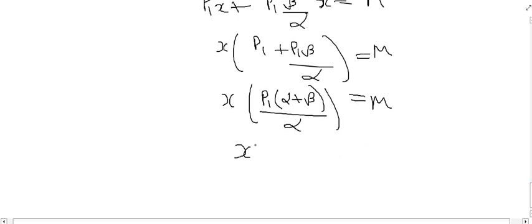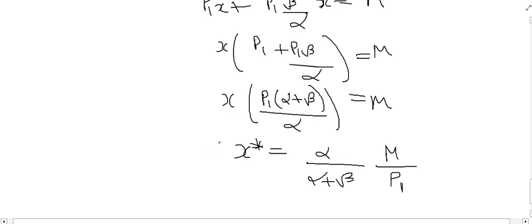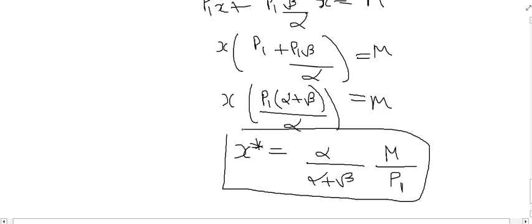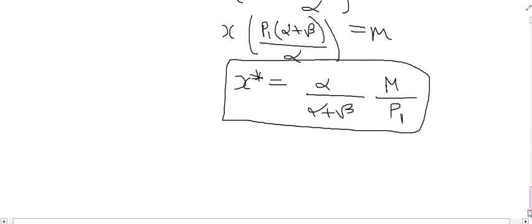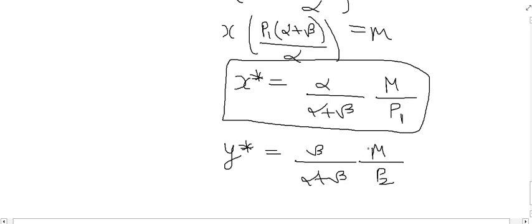We write it as x star equals alpha upon alpha plus beta into m upon P1. Similarly, when you solve for y with a similar kind of algebra, you will get y star equals beta upon alpha plus beta into m by P2.